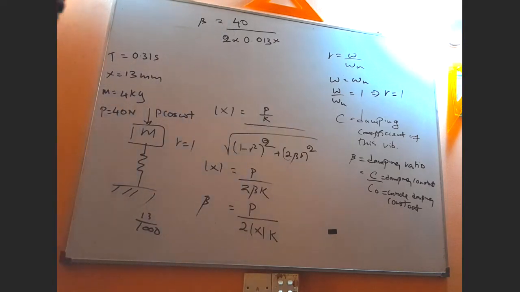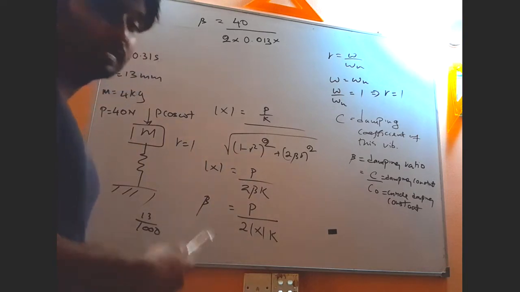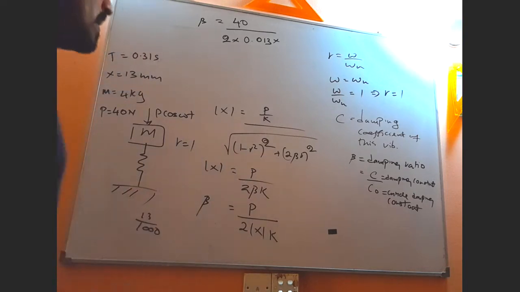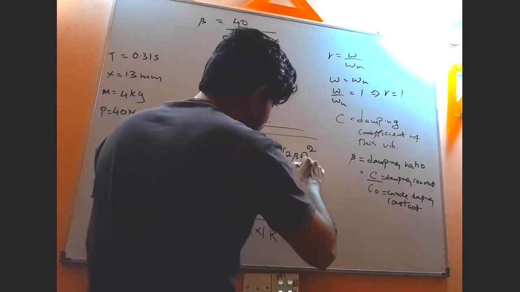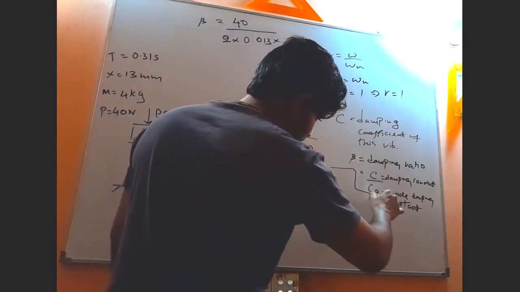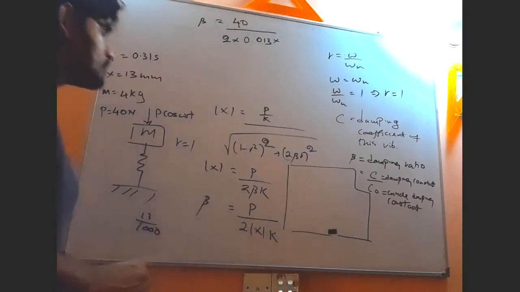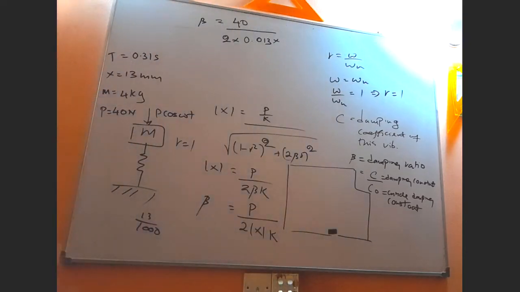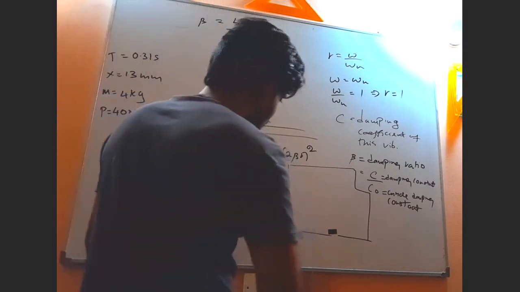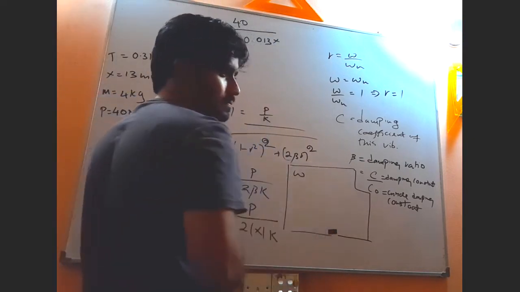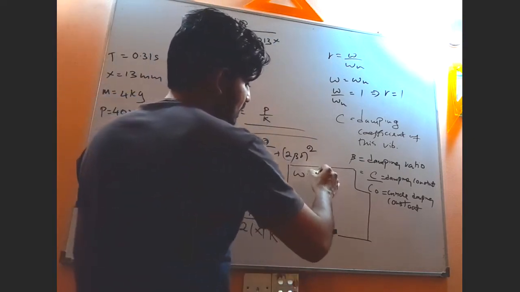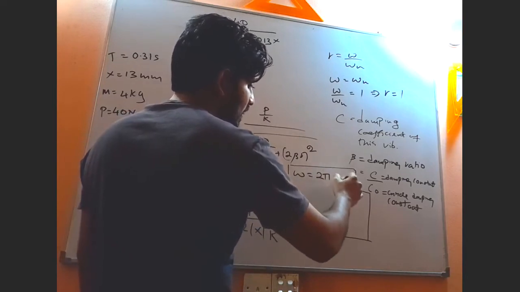So now the next target is to find K. I will just put a box like this. Now we know omega, the angular speed, equals 2 pi f.